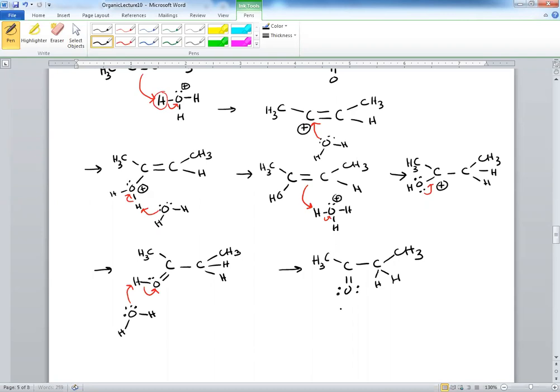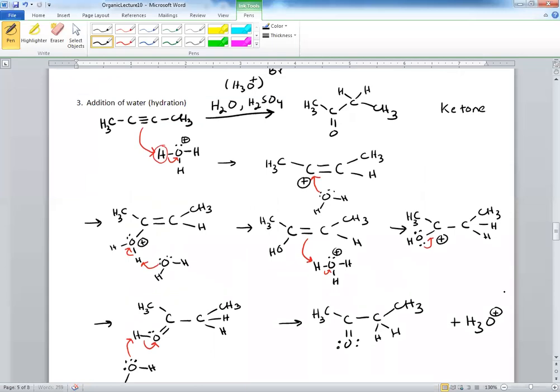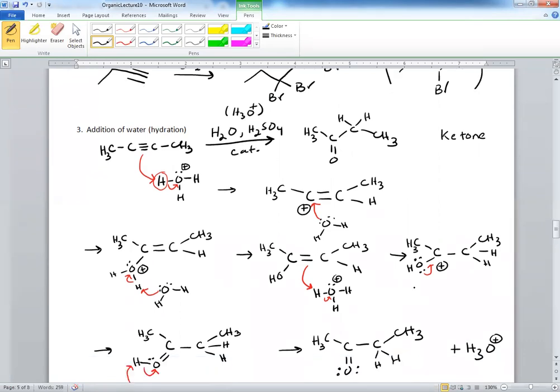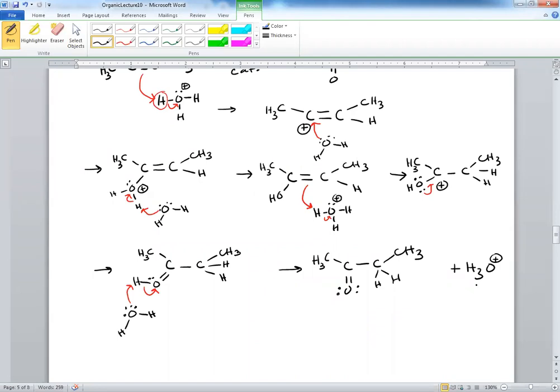Now, you end up with an acid. The reason why is because anytime you start with acid as a catalyst, you have to end up with an acid. And that's what we ended up with here. If we didn't do this step, then we would end up with water. And that's not what happens with catalysis.